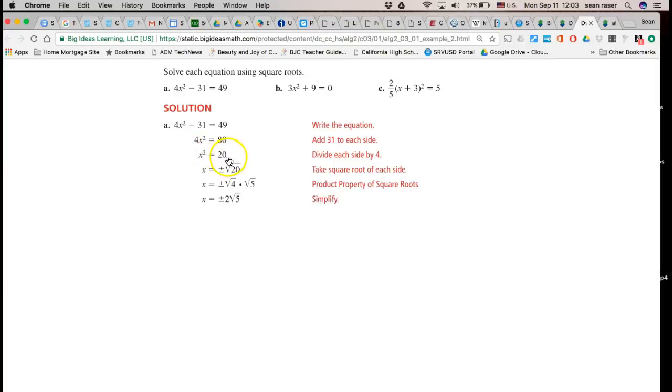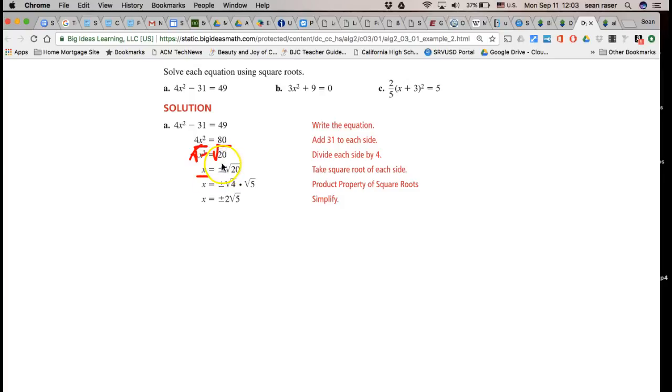So let's divide by 4, and now we get x squared equals 20. Okay? Now, here we take the square root. At this point, we're taking the square root of both sides. Now remember, when you take the square root of something squared, those cancel out. So you're left with just your variable.